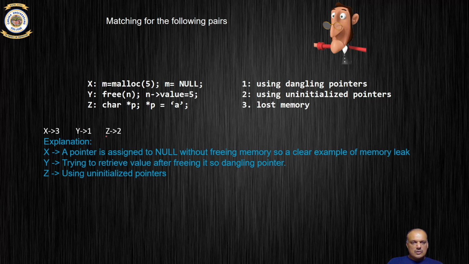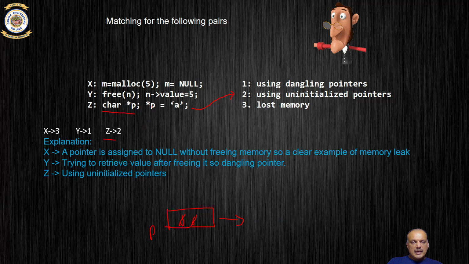So what about z? Z points to the concept of an uninitialized pointer. I have set a character pointer p, so there is a pointer variable in the stack called p, which can hold some address, which can point to some address.